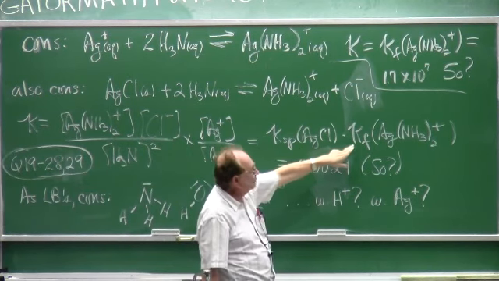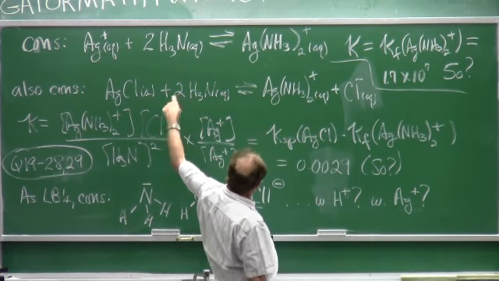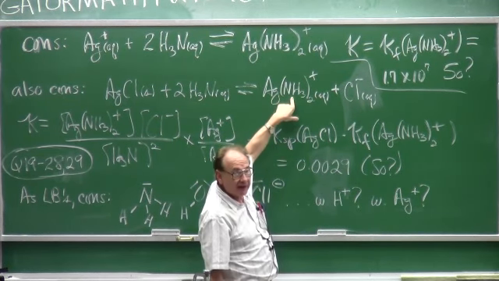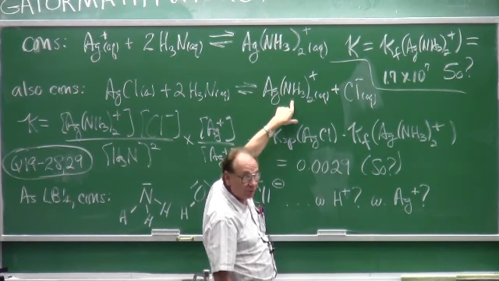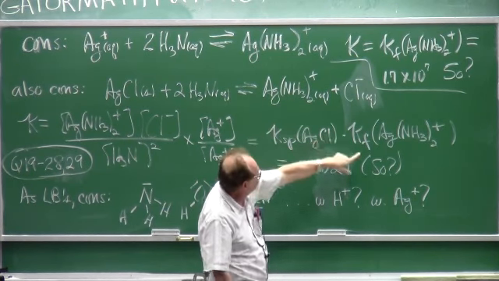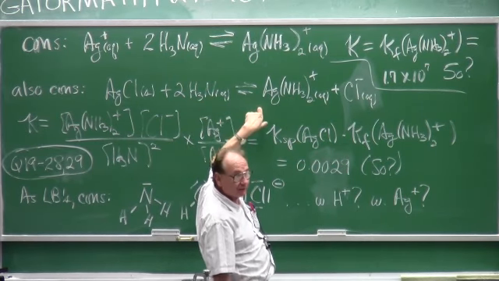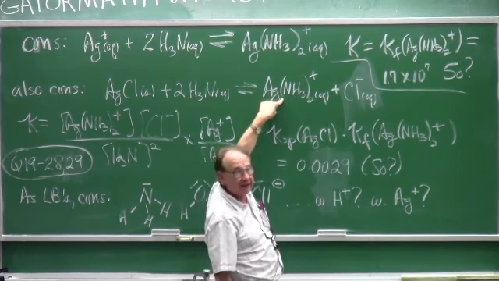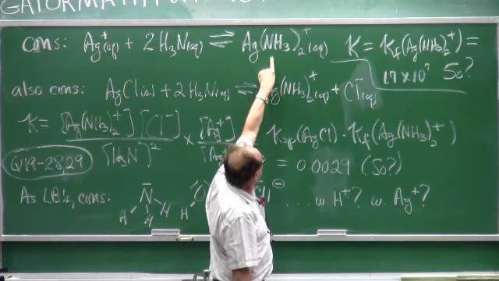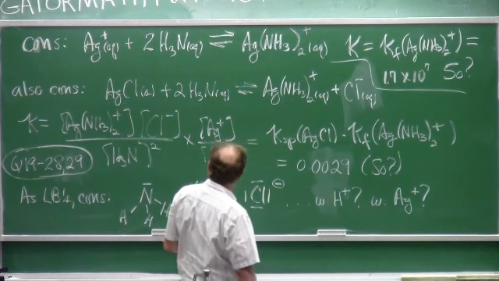Multiplied times the formation equilibrium constant for the silver ammonia complex ion, which again is not surprising because in this equilibrium reaction we've got the silver ammonia complex ion as a product. So it's being formed. If we had this in the opposite direction, then we'd have 1 over Ksp for silver chloride and 1 over Kf for the silver ammonia complex ion, which we could write as Kd, because that would represent this going that way, this complex ion dissociated.